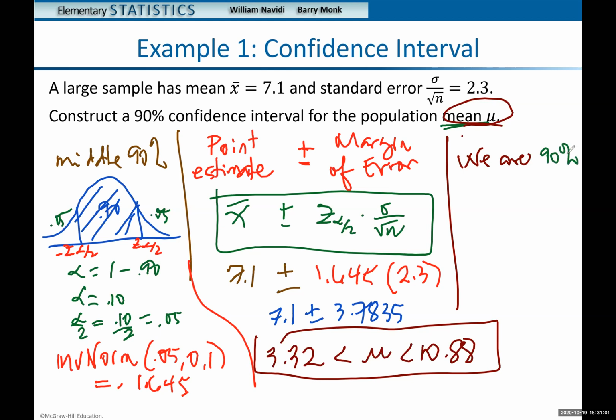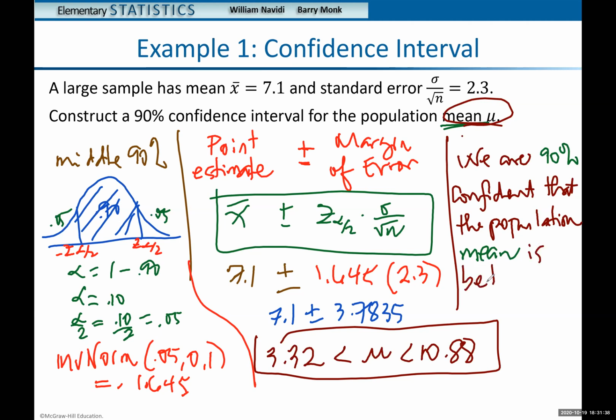We are 90% confident that the population mean is between 3.32 and 10.88. Okay, so that's how you interpret your results.